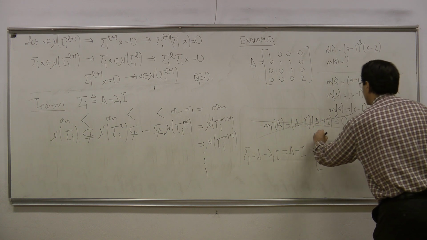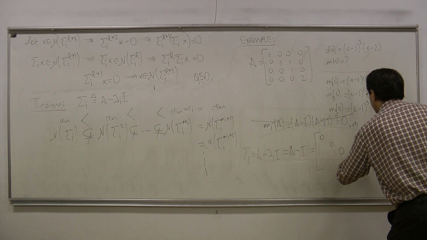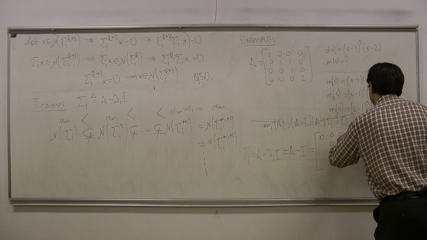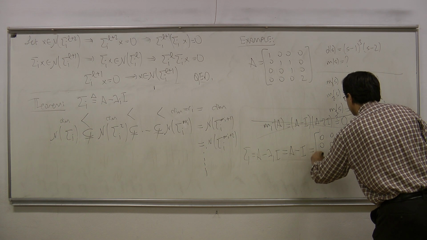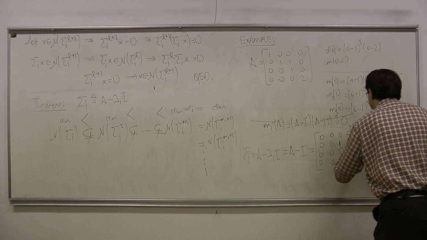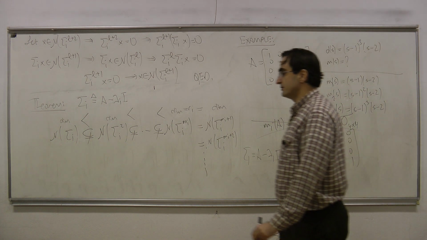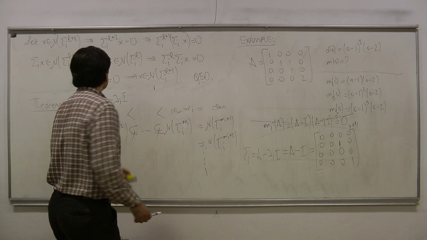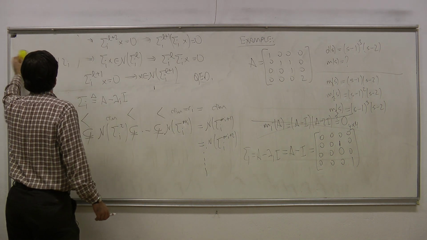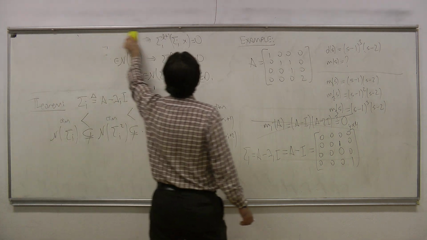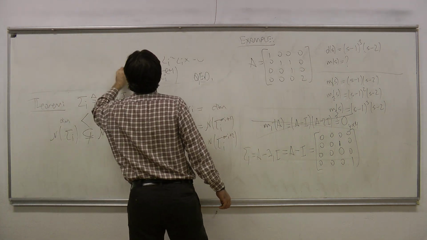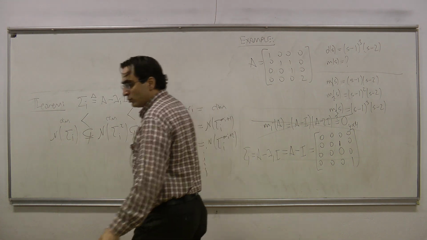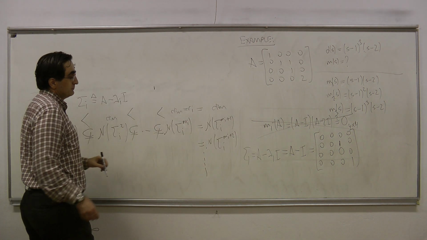Let us subtract 1, 0, 0, 0, and I would have 1 here, and I would have another one, and I would have zeros everywhere else. So this is my matrix A minus identity, or sigma 1. So let me look at the null space of sigma 1.